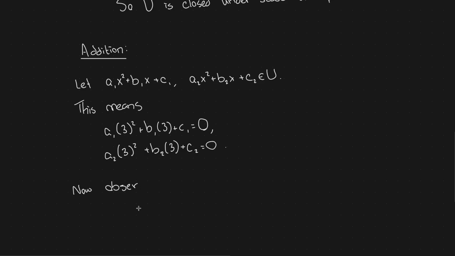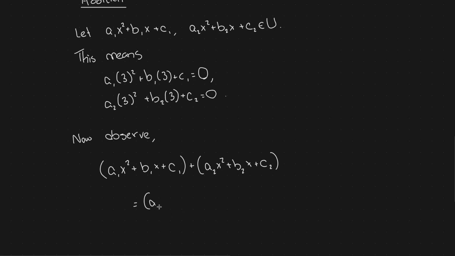Now observe that if I add these together, I get what? a1 plus a2 x squared plus b1 plus b2 x plus c1 plus c2. This has to also be in vector space U.